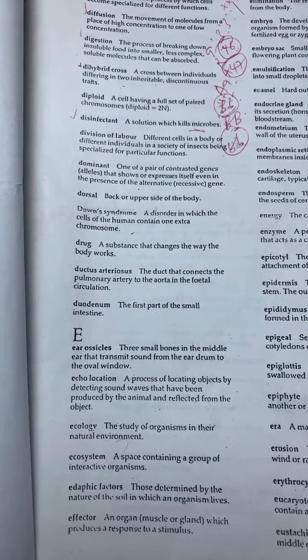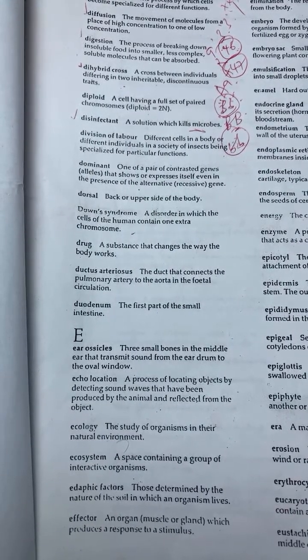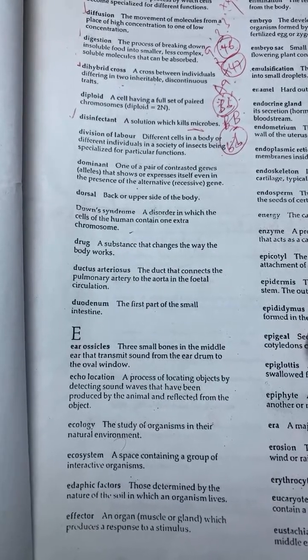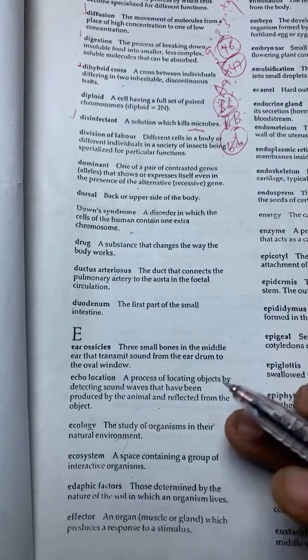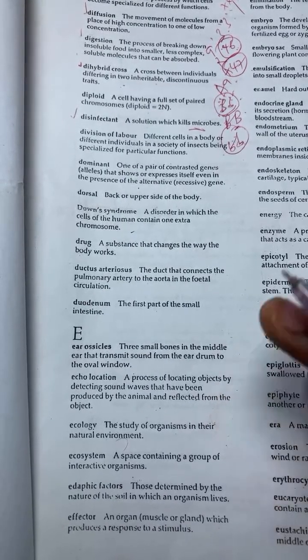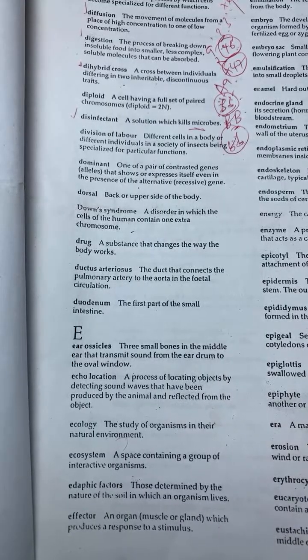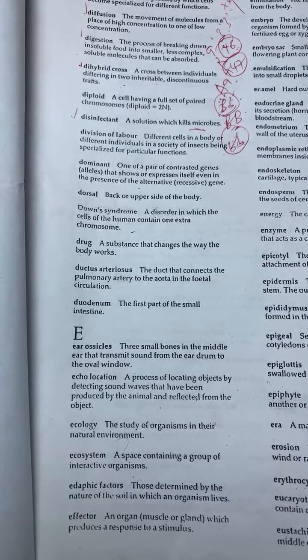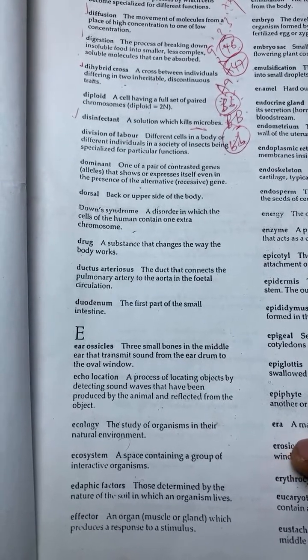At the end of the day, it also changes the way the body works, just as my definition here states. But I want you to understand that medicine can also be classified as a drug, because when you take a medicine, it is under drug. The difference is that medicine only produces a positive change, but drug can produce either a positive effect, which is medicine, or a negative effect.